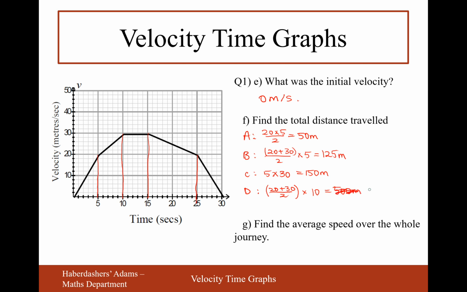Sorry, no, 250, so we divide by 2, don't we? 250 meters. And then this final section here is a triangle, so that's going to be base times height divided by 2, 20 times 5 divided by 2, and that's going to give me 50 meters as well. So the total distance travelled is going to be 50, add 125, add 150, add 250, add 50, and that gives us a total distance travelled of 625.